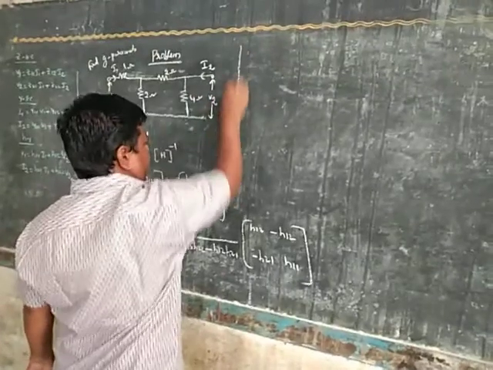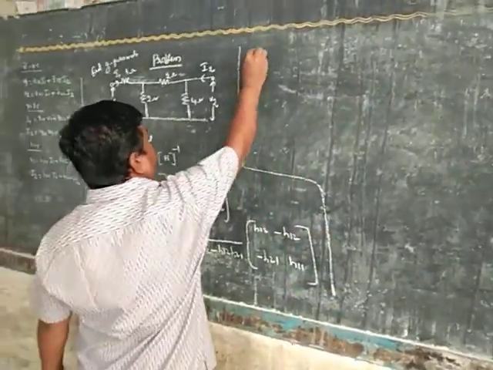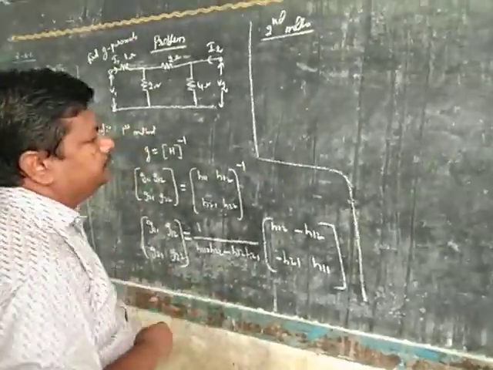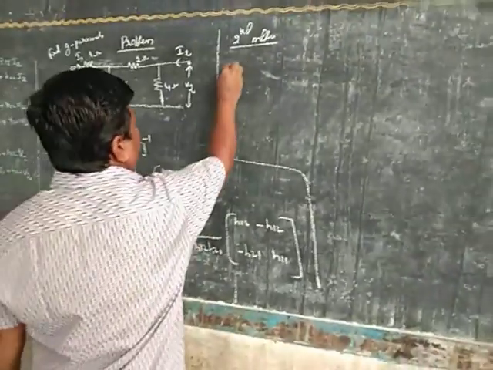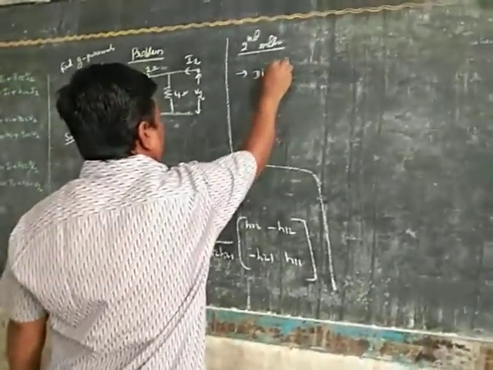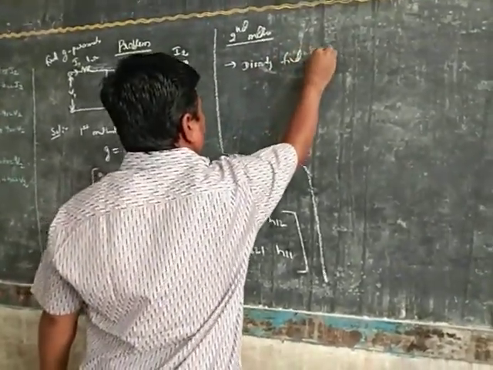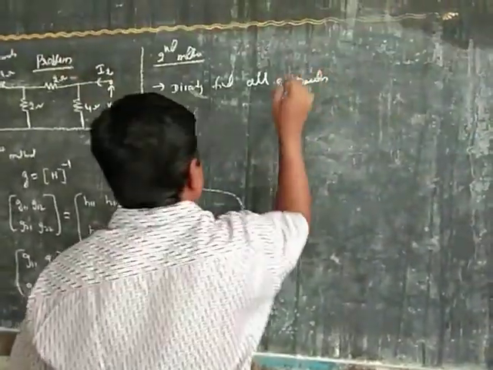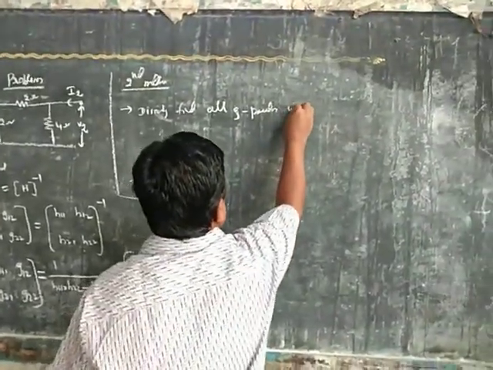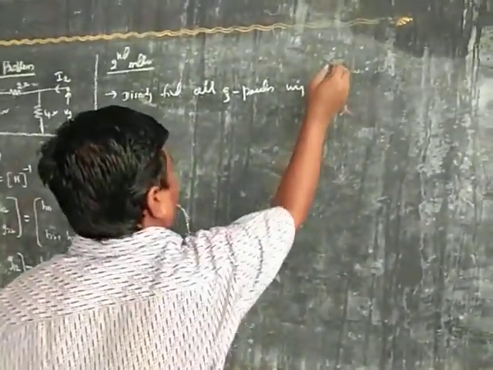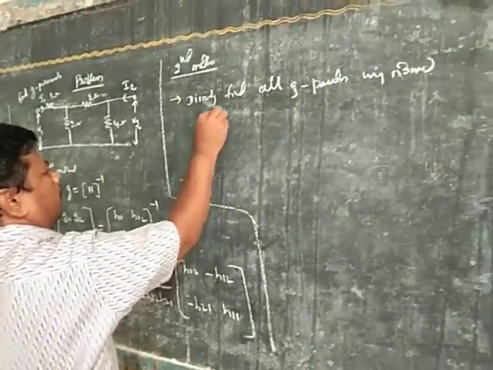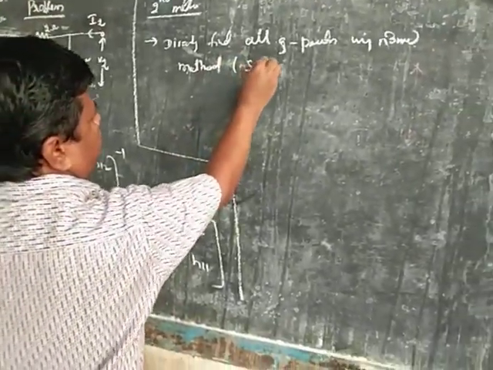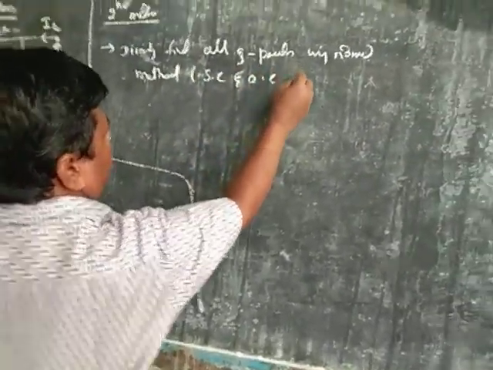And coming to the second method, the second method is to directly find all G parameters using the normal method, that is, short circuit and open circuit concepts.